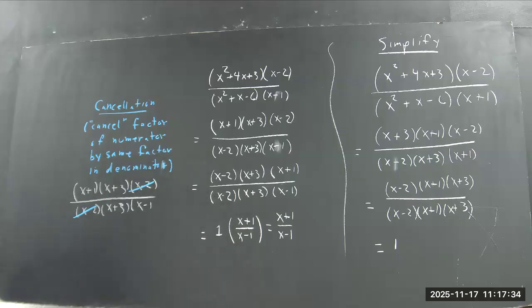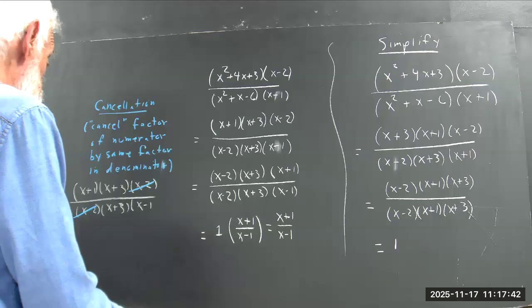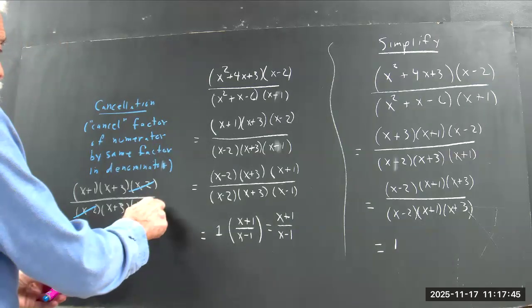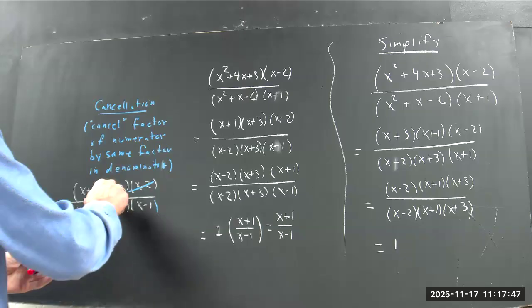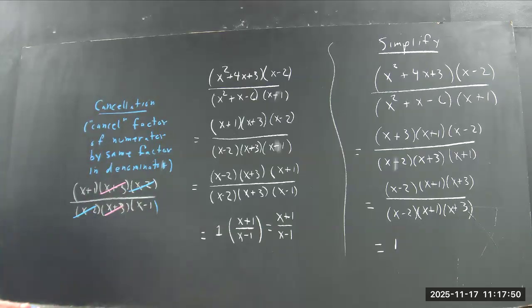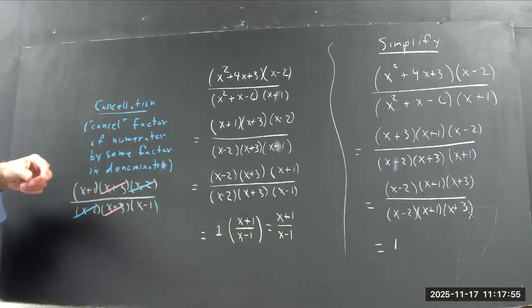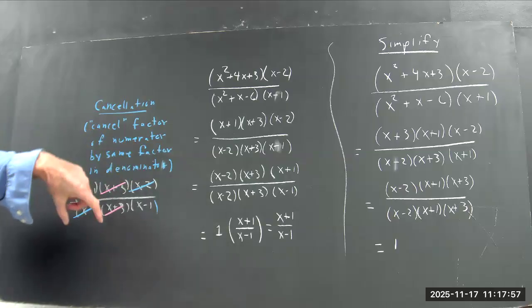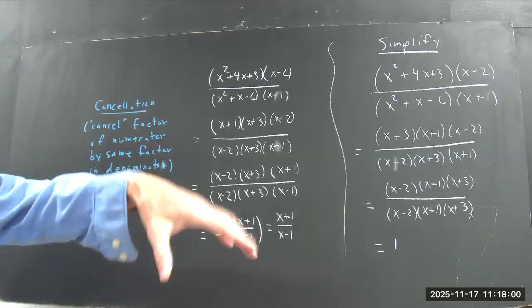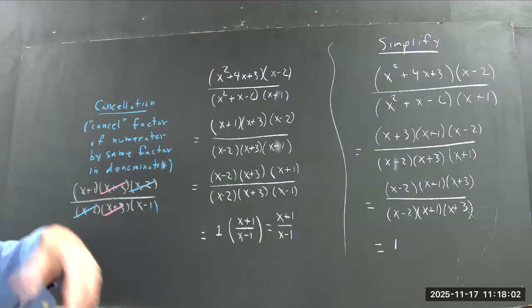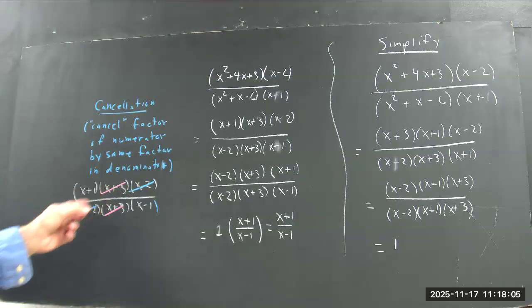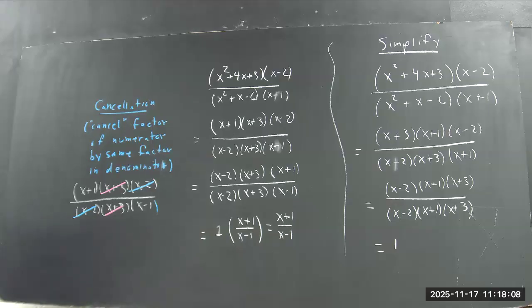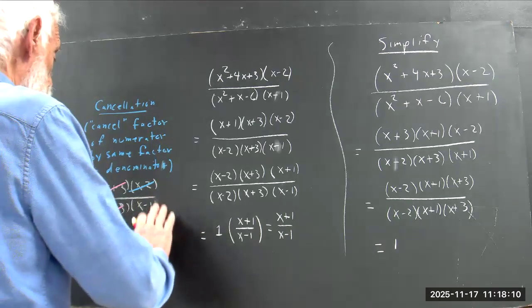I don't recommend this until you're very sure you understand the rules, and I'll tell you why in a minute. And then we can do the same with the x plus 3. X plus 3 and x plus 3 are both factors of the numerator and of the denominator. What's a factor? Again, it's something that's multiplied by everything else. It's not something standing over there alone with a plus or minus sign on it. It's something that's a part of the multiplication that you do to get the numerator or the denominator.